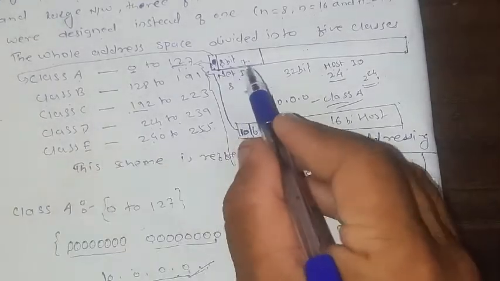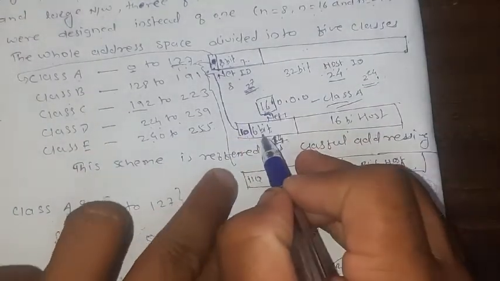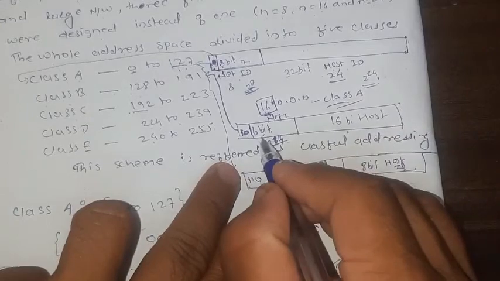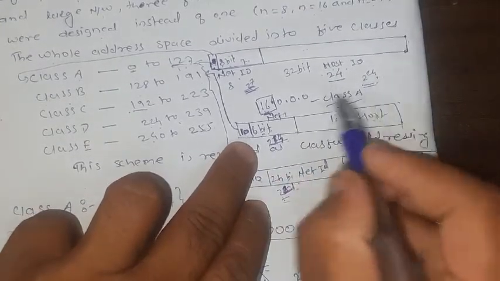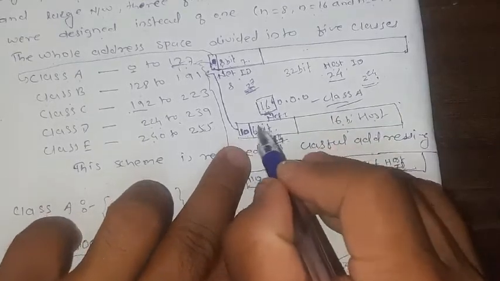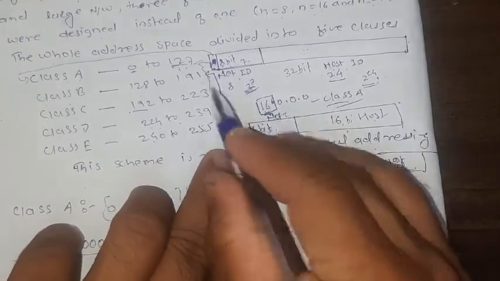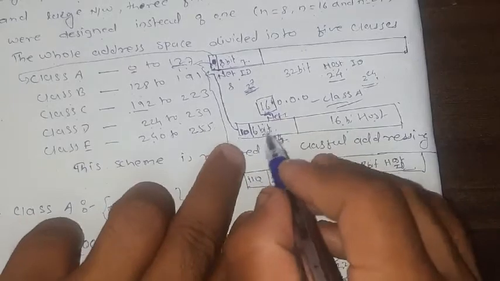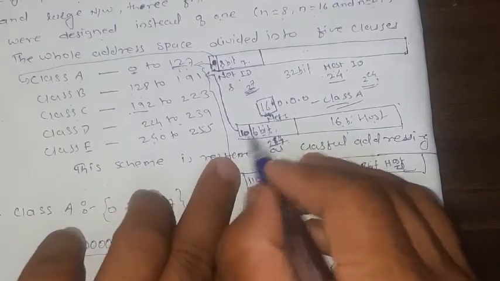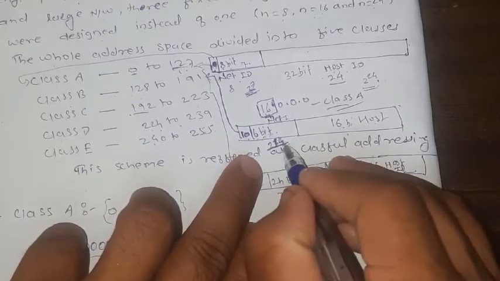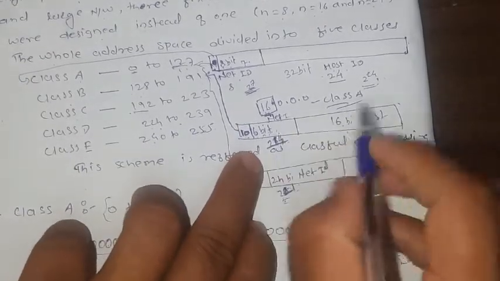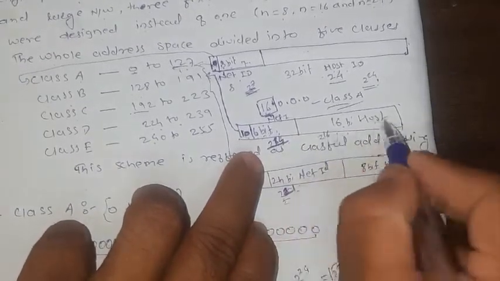Okay, so similarly here we have 16 bits for net ID and 16 bits for host ID, but from this 16 bits, 2 bits are reserved for the class category. So after minus 2 bits we have only 2 raised to 14 in a net ID and 2 raised to 16 for host ID.